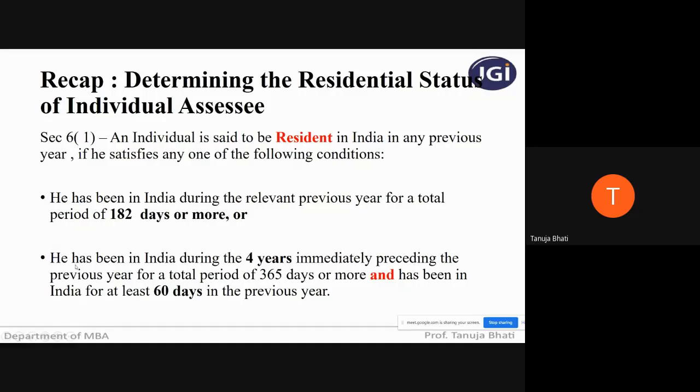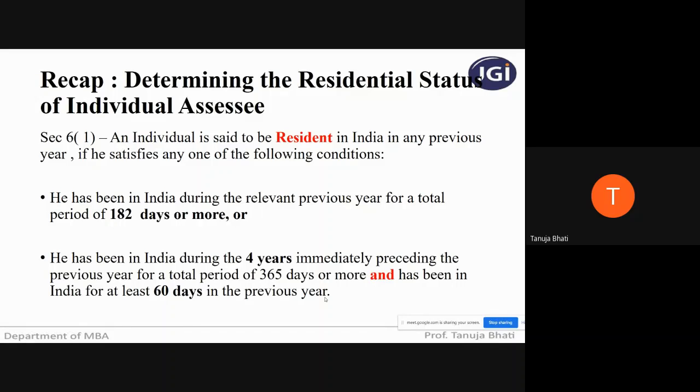Or he has been in India during the 4 years immediately preceding the previous year for a period of 365 days or more, and, remember, it is and, so both must be fulfilled, he has been in India for at least 60 days in the previous year.